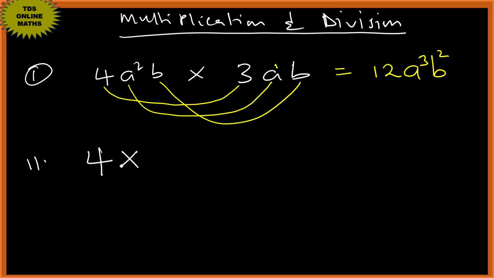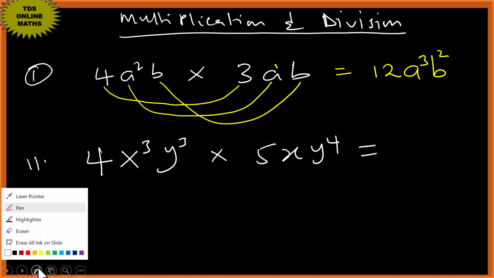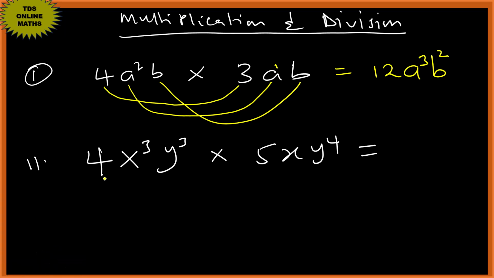Now 4x cubed y cubed times 5xy to the power 4. Now let's see how we can multiply them. Same thing: the numbers will multiply, 5 times 4 is 20.